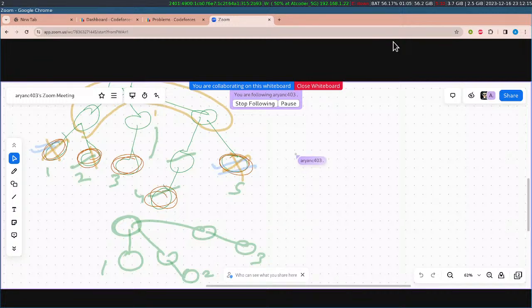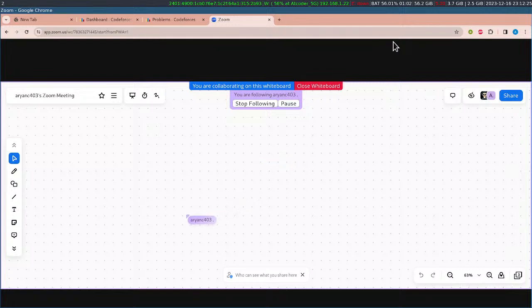So we can probably keep a for loop as well. The idea is, let's say initially we have 10 leaf nodes, then after one operation we will make it 8, then 6, then 4, then 2, and then 1.